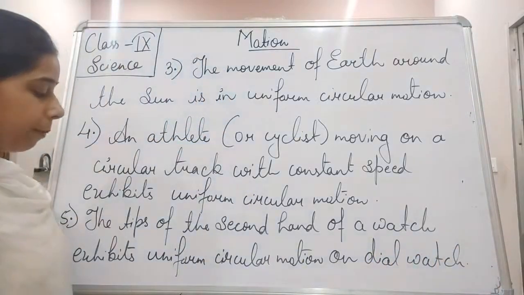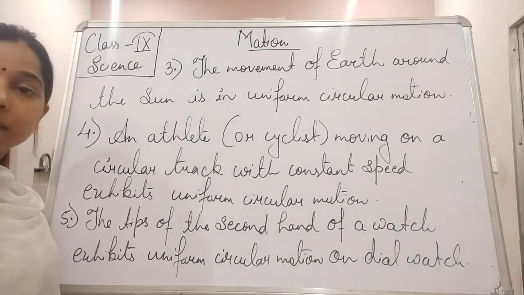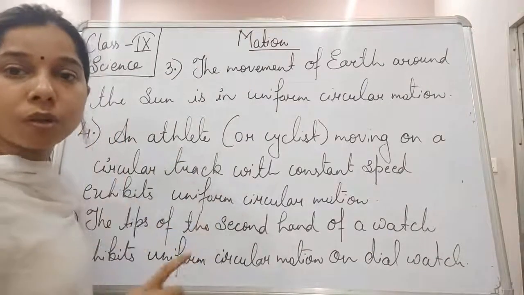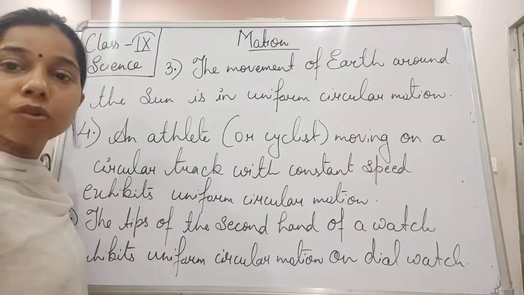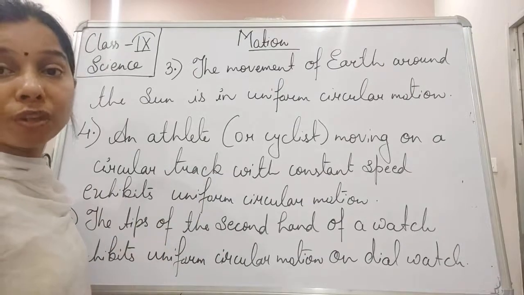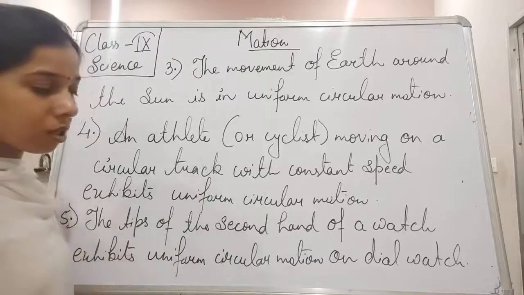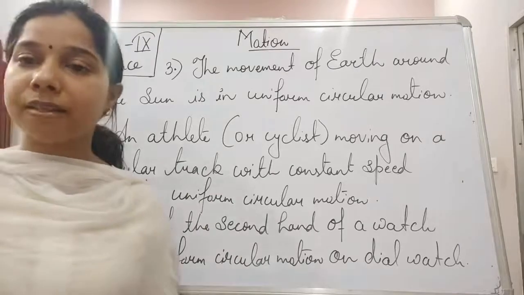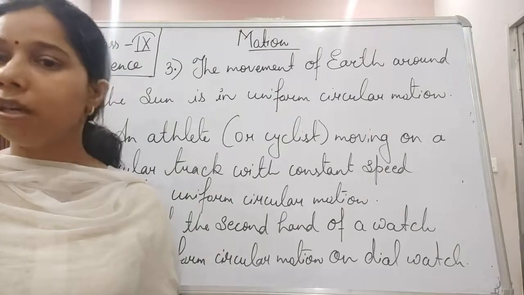If the tip of the second hand is moving uniformly on the circular dial, that kind of movement is also an example of uniform circular motion, students. So these are a few examples of uniform circular motion.